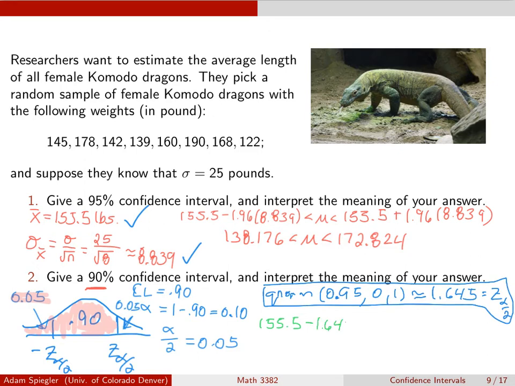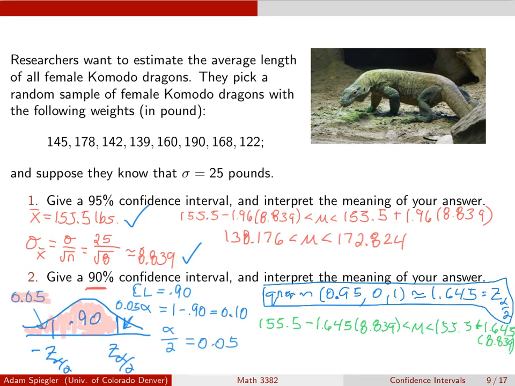So my lower limit is going to be 155.5 now minus 1.645 times the same standard error, and then for the upper limit we're going to get the 155.5, and then we're going to add to that 1.645 times the standard error, which again is the 8.839.